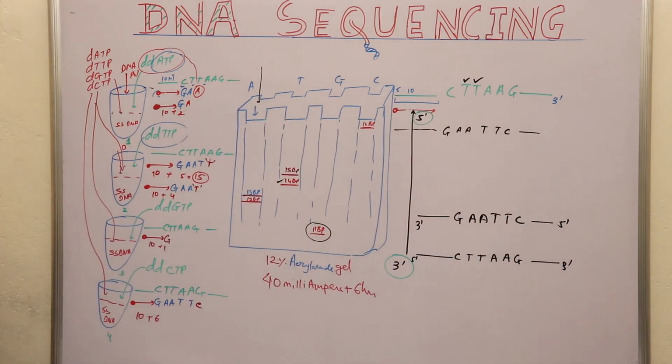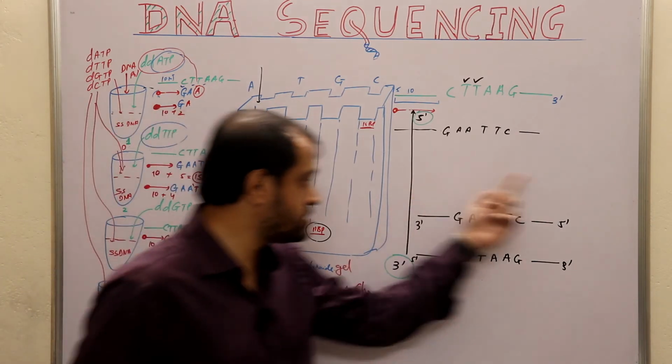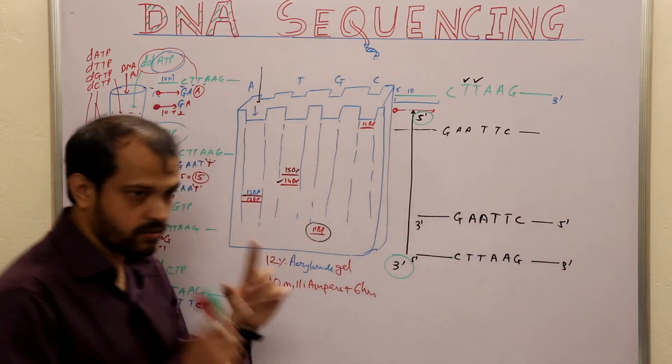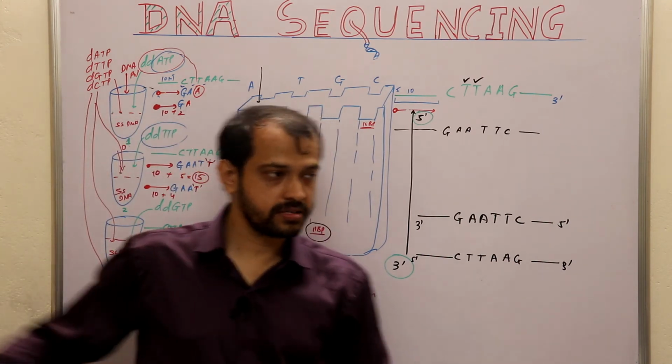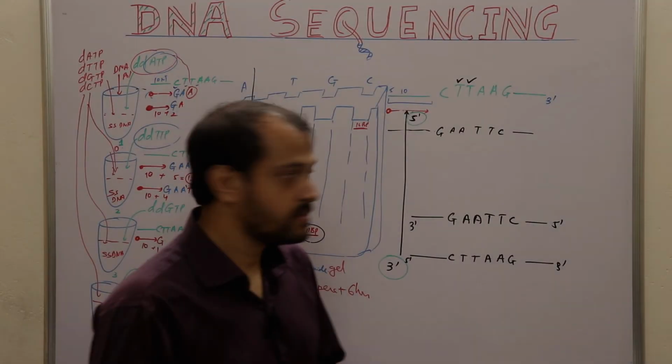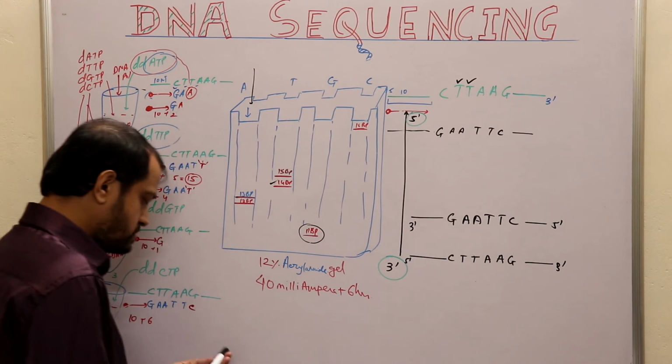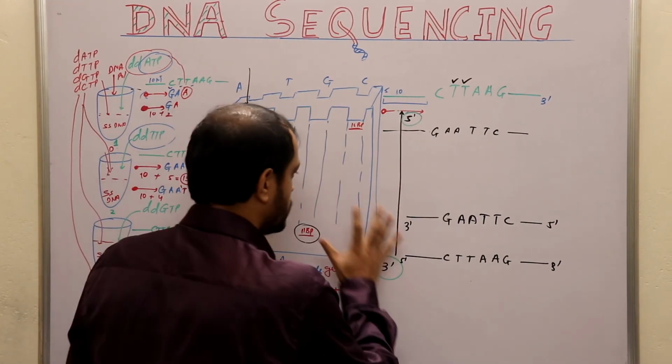Okay, now listen with all your attention. So you have understood how to sequence a particular gene or a particular DNA sequence using Sanger sequencing, right? Now we have understood what is Sanger sequencing.